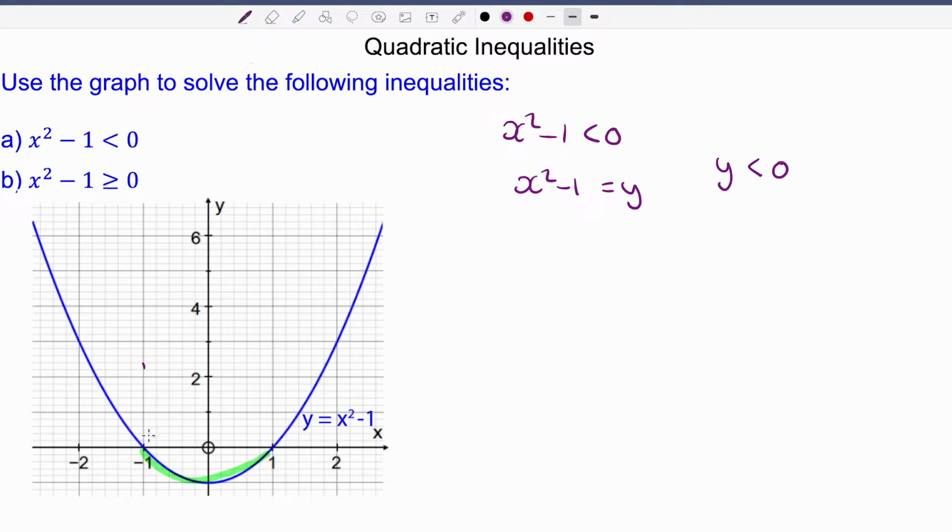So you can see that between -1 and +1, the y will always be less than 0. So our solution is that x is less than 1, but greater than -1. Can anyone tell me why I haven't chosen the less than or equal to symbol? Yes, because in here, it cannot be equal to.